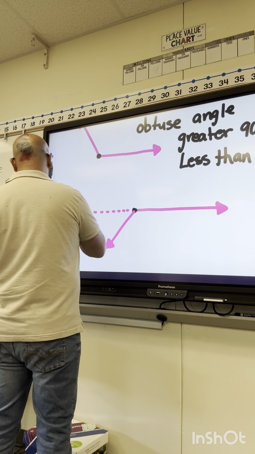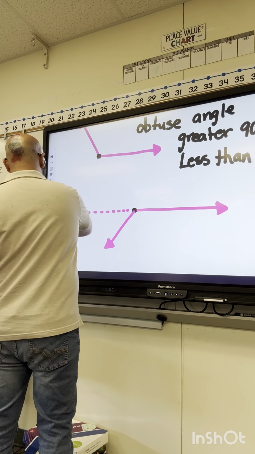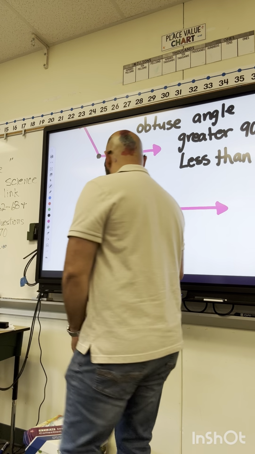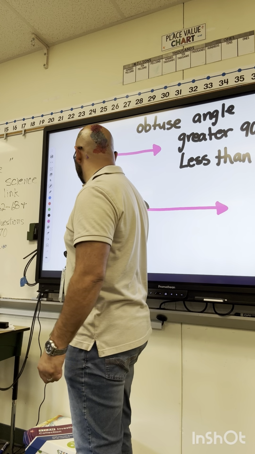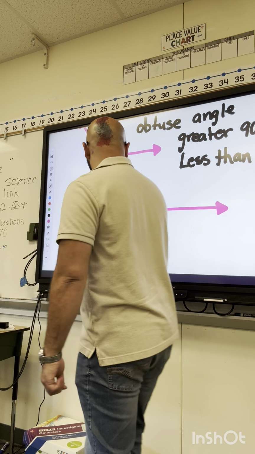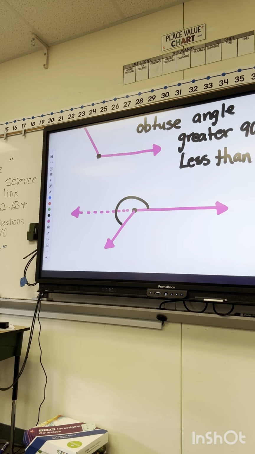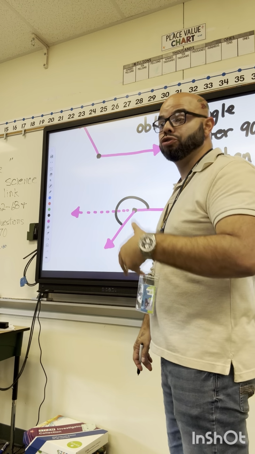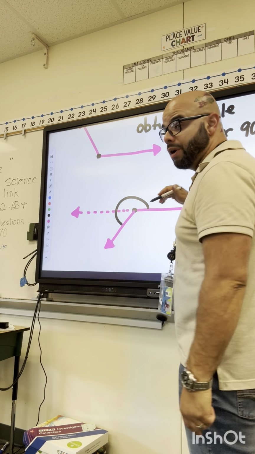Okay, so right now, this is the angle we're looking at. Normally you would see this straight line as a straight angle, but this angle goes beyond the straight angle, so it's greater than a straight angle.